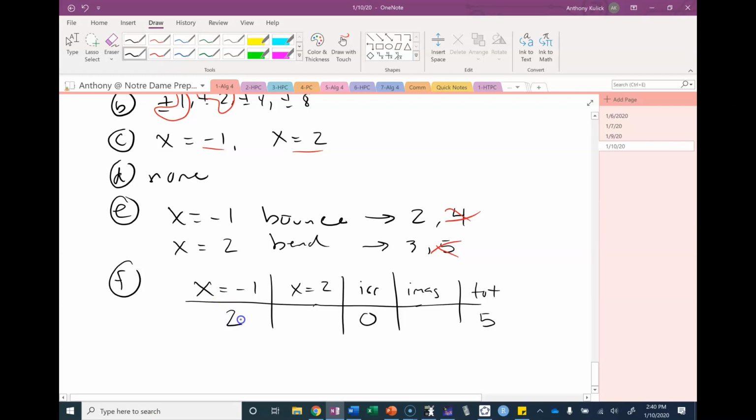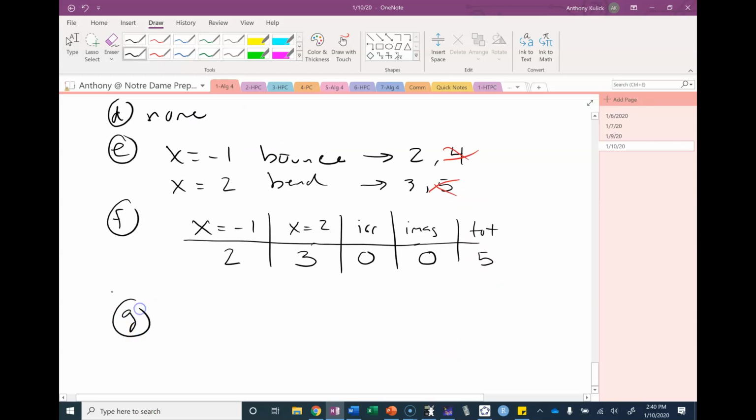Negative 1 could only be used 2 times. Positive 2 could only be used 3 times. 2 plus 3 is exactly 5, leaving no room for imaginaries. So this is my only possibility. In some of the problems 2, 3, and 4, you'll have more than one possibility in your table. Okay? That can happen.